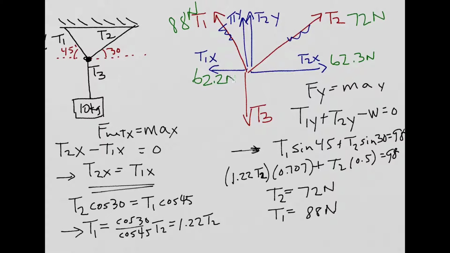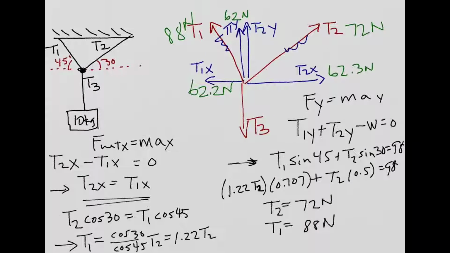So, with round-off error, we see those are balanced. T1 in the y direction is 62 newtons, and T2 in the y direction is 36 newtons. So those actually add up to 98, and 98 is the weight and therefore the tension in T3.